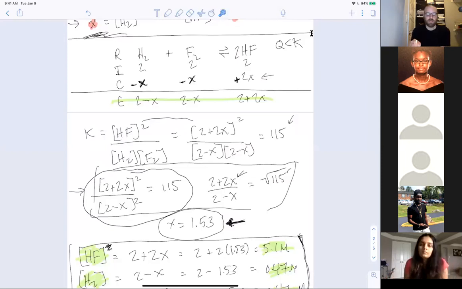No, the real reason. Without solving for Q, unless you have no products that you're starting with, you have no idea which direction it's going to go in.